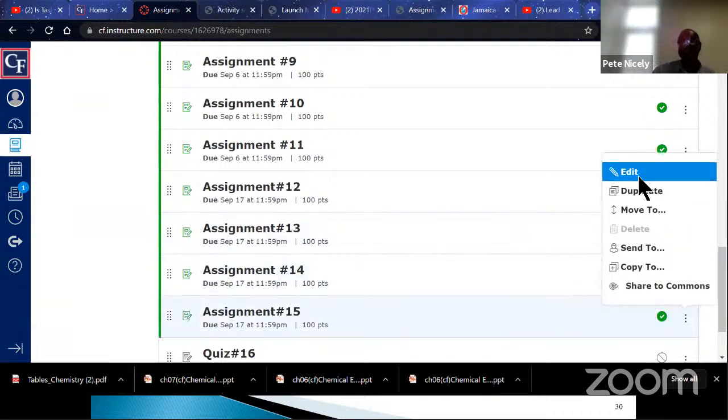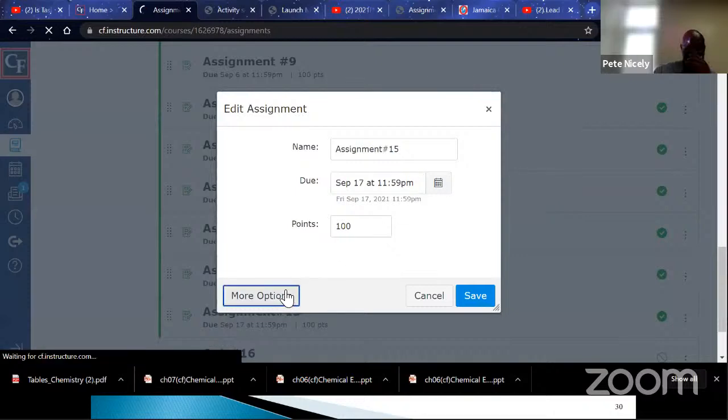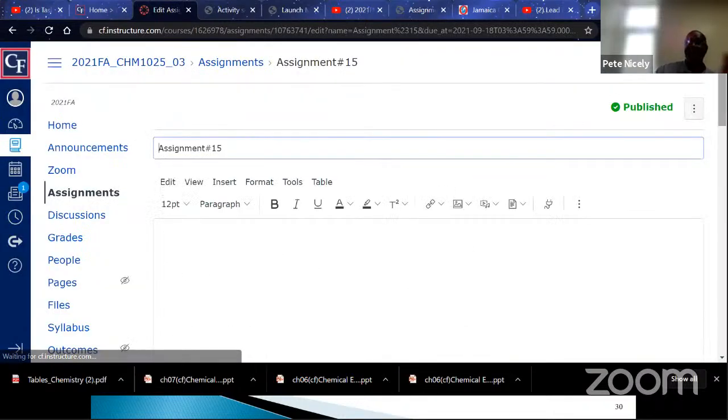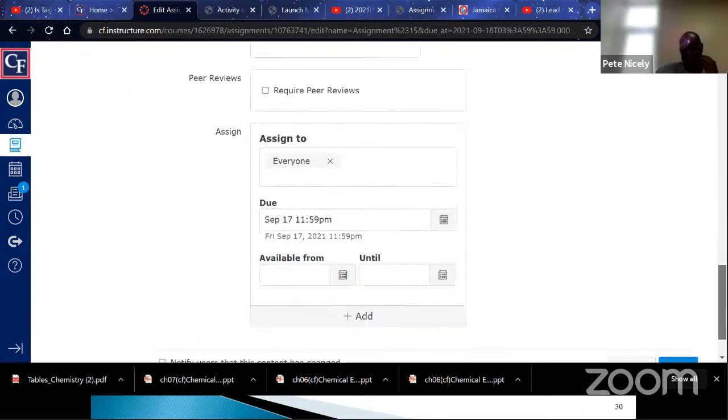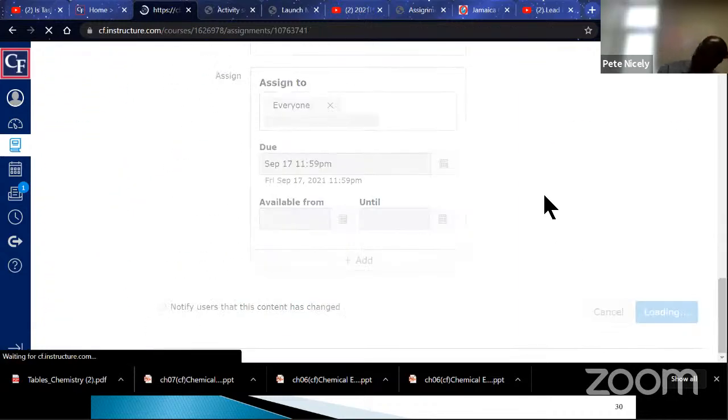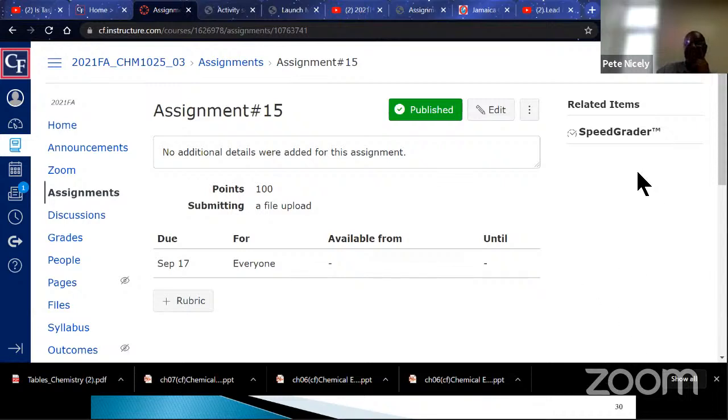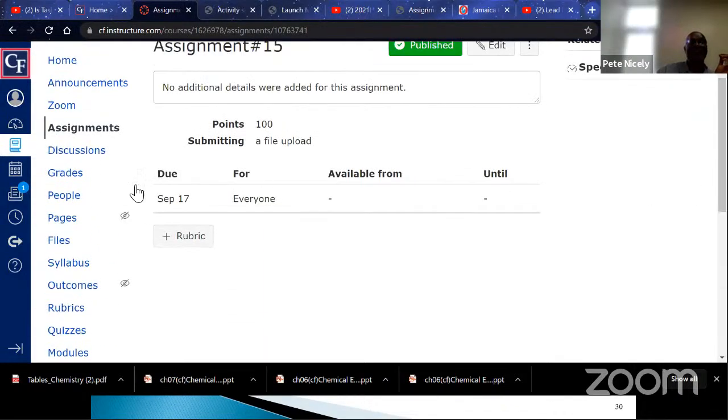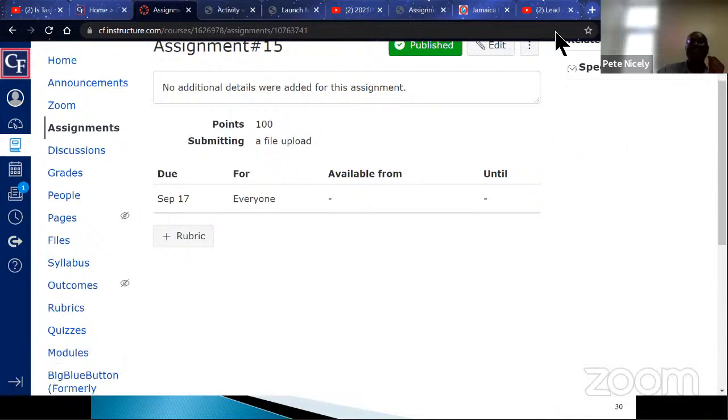Let me make sure it's ready for the upload of your documents. Yes, it is. Okay. So those are the assignments that will be due on the 17th. Again, make sure that it's saved and uploaded as a PDF document. Make sure that you do it in blue or black ink, and all that other good stuff. That's basically all I have for you today, unless there are any additional questions.